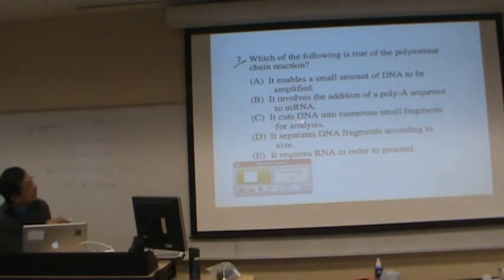Addition of poly-A only occurs in the eukaryotic mRNA post-transcription process, so that's eukaryotic transcription. Cut DNA into small fragments, no, that's restriction enzyme. Separate DNA from nucleotides, no, that's gel filtration or agarose electrophoresis. Require RNA, no. Inside the cell it has RNA primer, but in the polymerase reaction we provide primer in DNA. So A is correct.